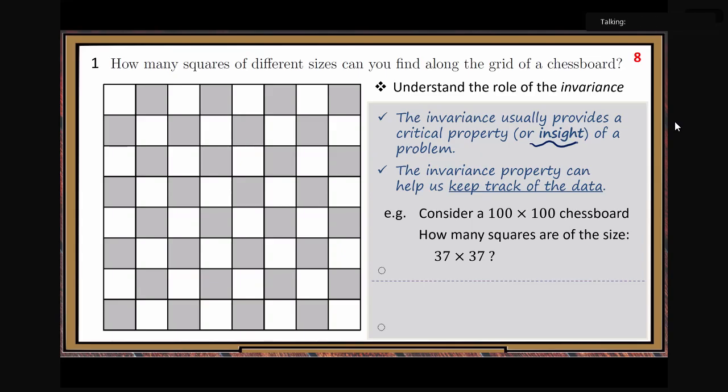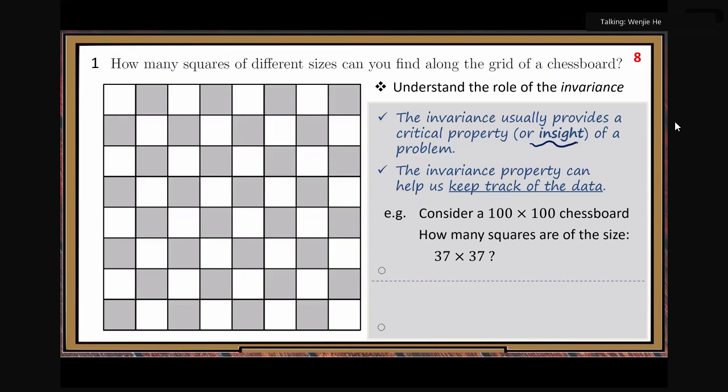101 minus 37. Yes. Invariance property. The invariance in this question is the side of your chessboard, 100 plus 1. The invariance in our chessboard was the size number 8 plus 1, 9. Here you need to extend your solution from the previous question.